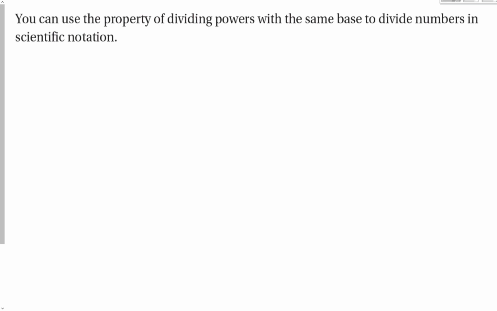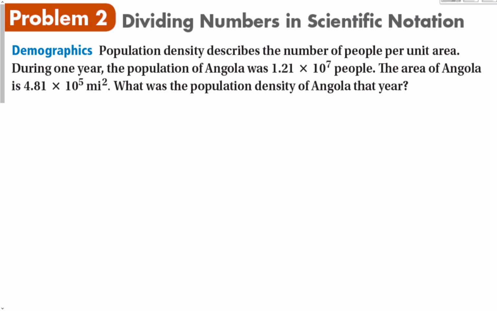Okay. We can use the property of dividing powers with the same base to divide numbers if they are in scientific notation. Population density describes the number of people per unit area, so it's people divided by area. During 1 year, the population of Angola was 1.21 times 10 to the 7th people.